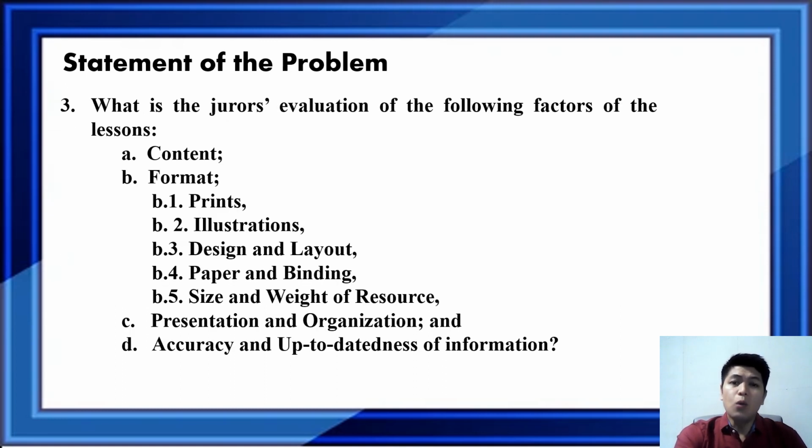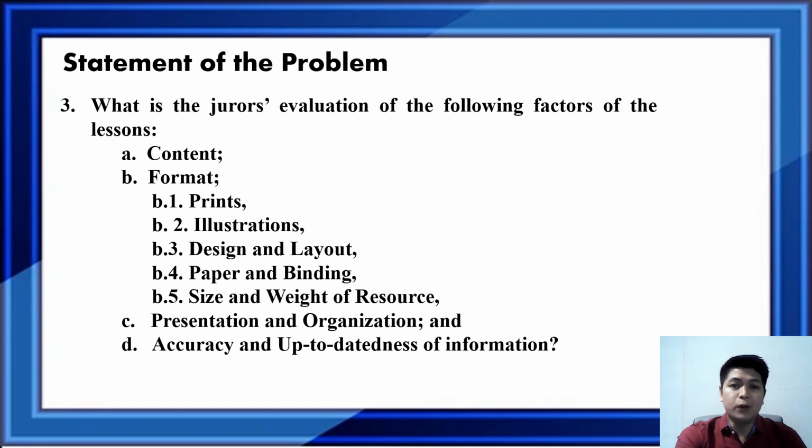Third, what is the juror's evaluation of the following factors of the lessons? A. Content. B. Format. Under format, we have B.1 prints, B.2 illustrations, B.3 design and layout, B.4 paper and binding, B.5 size and weight of resource, and C, presentation and organization.